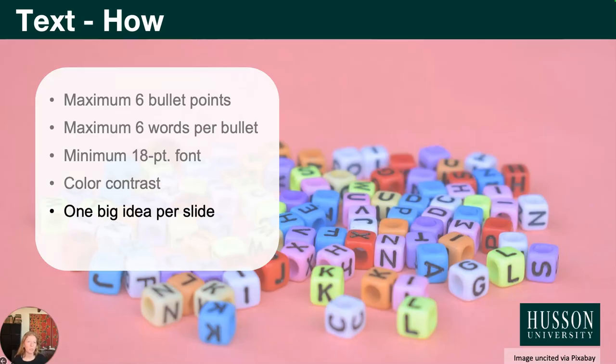You want to remember to keep it to one big idea per slide. So again, rather than cramming in multiple ideas on a slide, try and split those up so that we have one area of focus. And again, it is possible to have a slide that does not have any text at all.